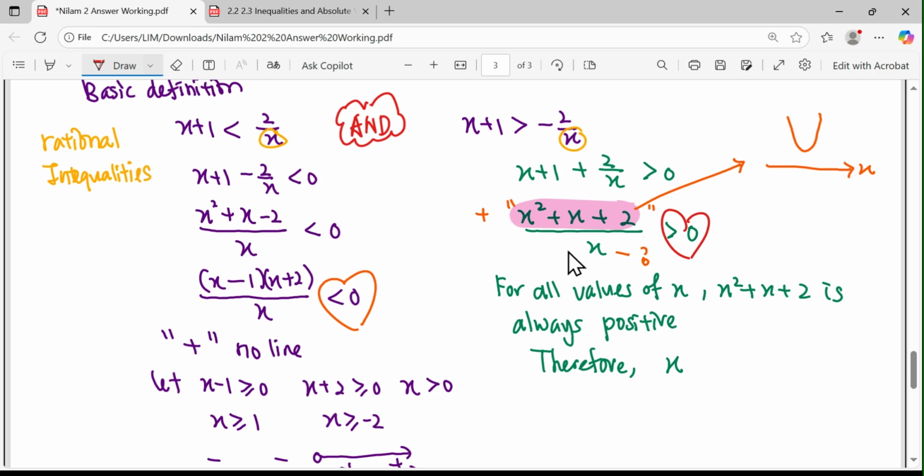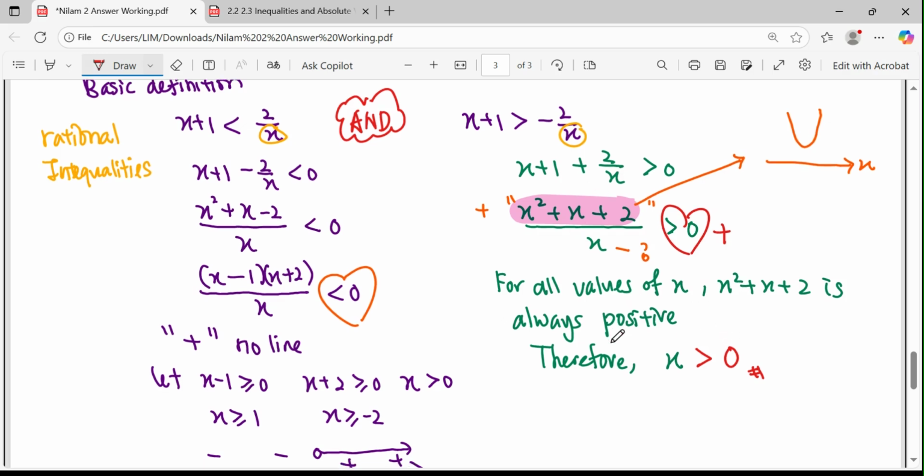Positive over what to get positive? Positive over positive. So therefore, your denominator has to become positive. We do not take it equal because the denominator cannot equal 0. Therefore, your x needs to be more than 0. That's all. You get the value of x that makes this fraction positive.